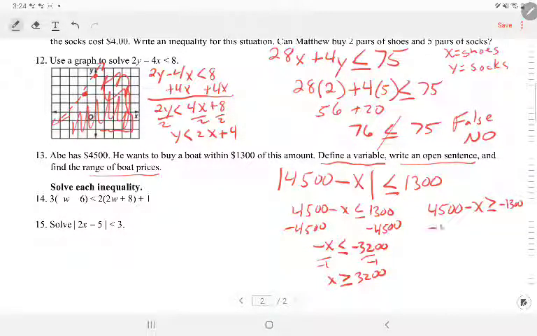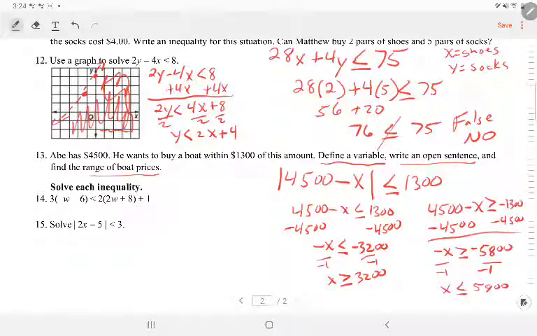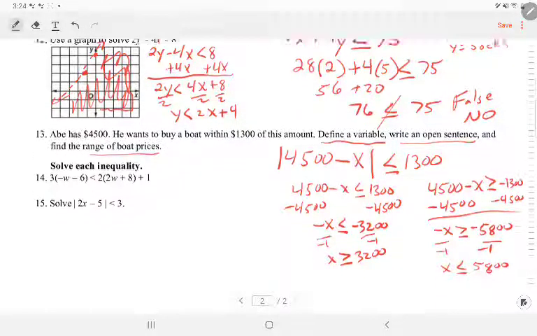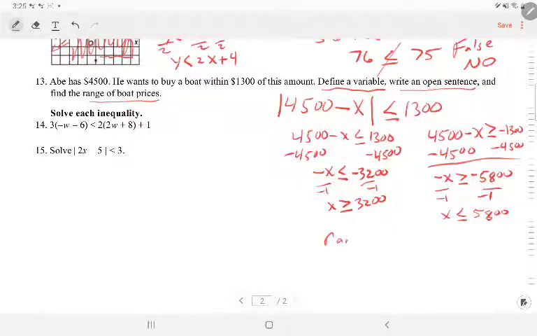And on this one, I would subtract 4,500 from both sides. I get negative x is greater than or equal to negative 5,800. Divide both sides by negative 1, and x is less than or equal to 5,800. So my range is going to be from 3,200 to $5,800.